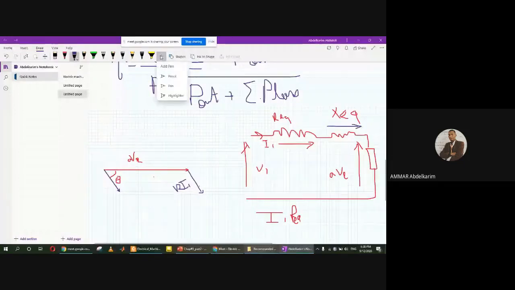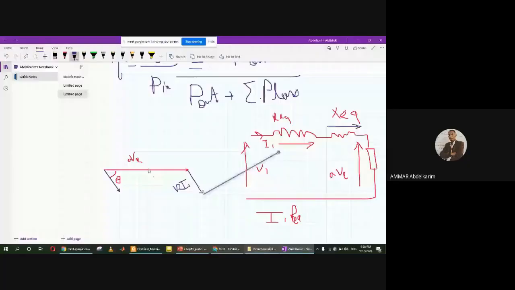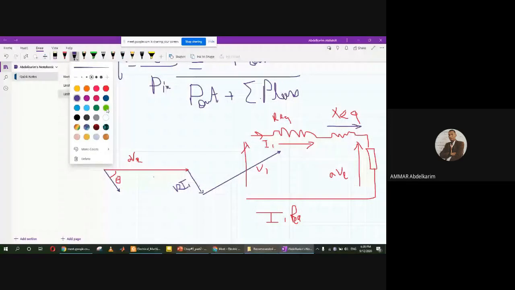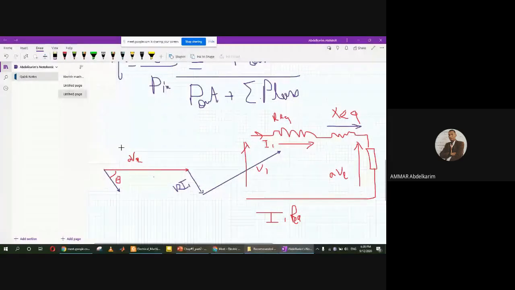Then the voltage drop of X will be shifted by 90 degrees because it's an inductance. We start from the first point to the last point, and we always do this as a vector summation. So here we can get the diagram.